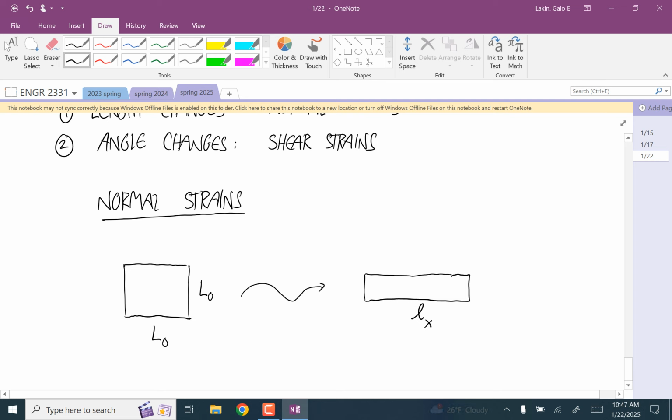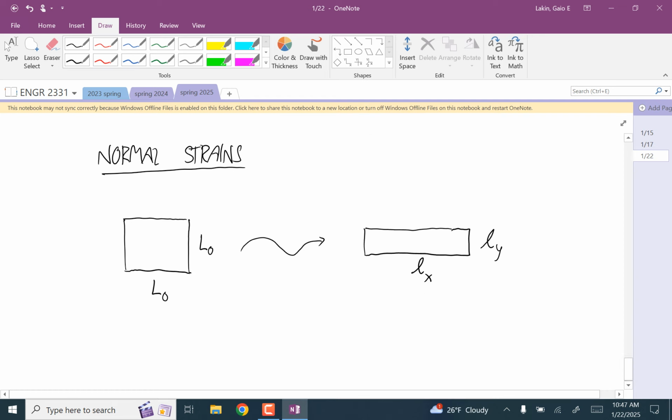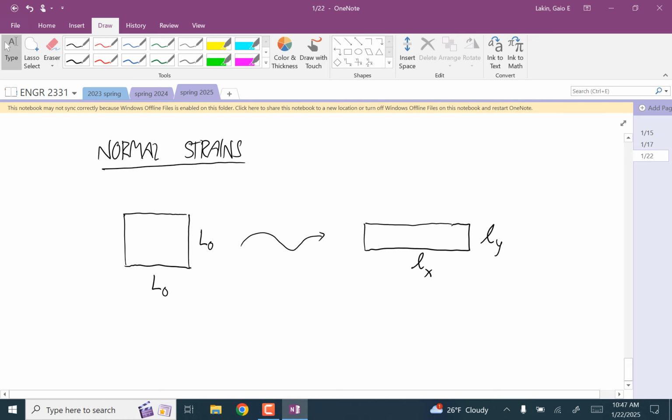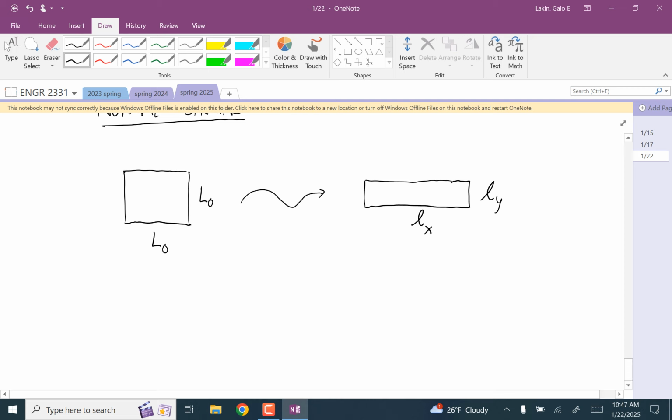The y side changes to a length of lowercase l sub y. And I'm going to define my normal strains. I'm always going to denote them with the Greek letter epsilon.